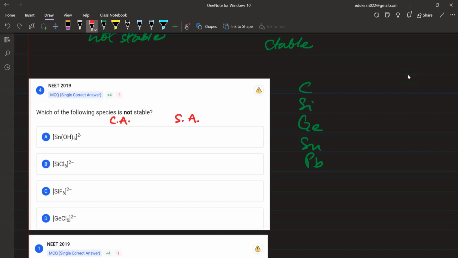Central atom is in which period? Sn is in, this is 2, 3, 4, 5 and 6. So Sn is in the 5th period, and the surrounding atom oxygen is in the 2nd period. Silicon is in the 3rd period, chlorine will also be in the 3rd period. Then silicon is in the 3rd period, fluorine will be in the 2nd period. Germanium is in the 4th period, chlorine will be in the 3rd period. Tell me which will be unstable.